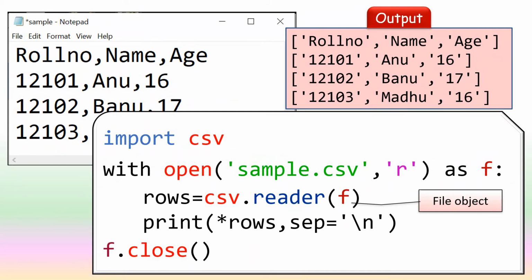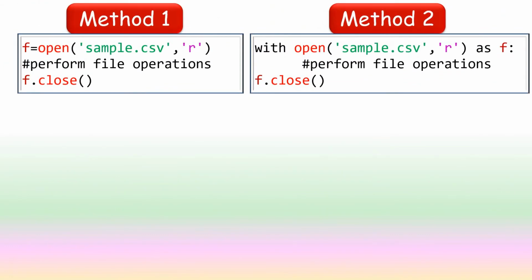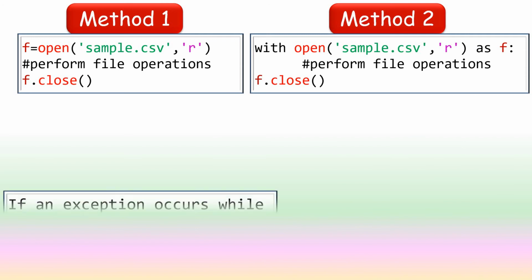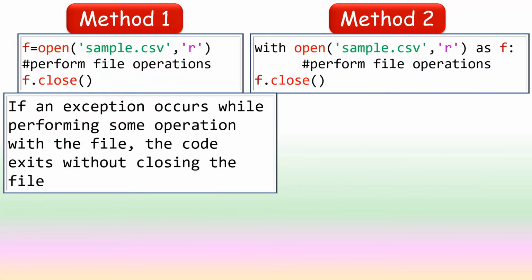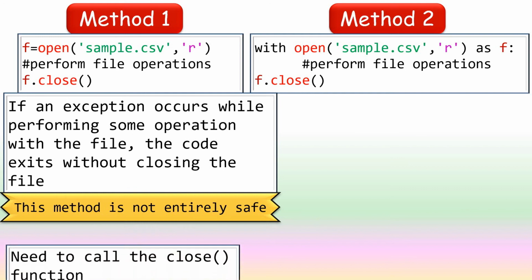Next, we will see the differences between the two methods by which we can write the open function. In the first method of the open function, if an exception occurs while performing some operation with the file, the code exits without closing the file. Therefore, this method is not entirely safe. In order to make method 1 safe, you need to call the close function.